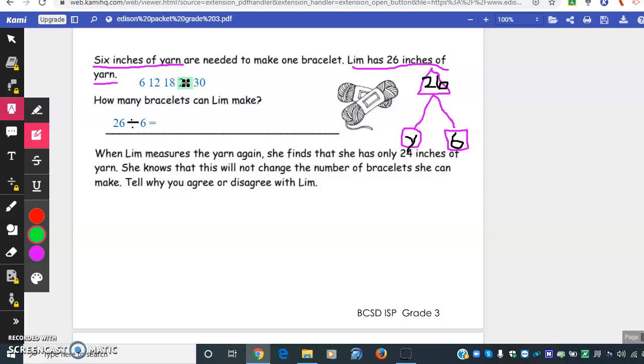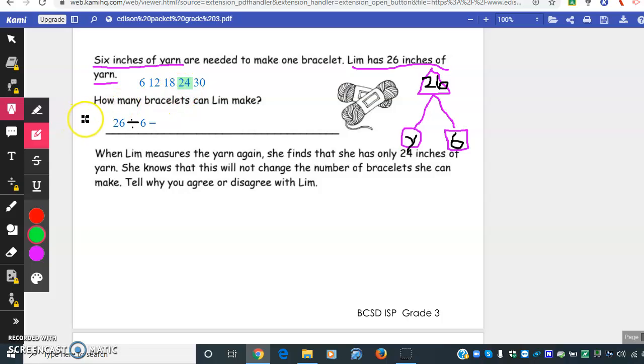Yes, Lim is going to have some leftover yarn, but we can't do anything about that. The amount of yarn left over once Lim is done making these 4 bracelets is not enough to make a 5th bracelet. To make a 5th bracelet, Lim would need 30 inches of yarn. Lim only has 26. So Lim cannot make 5 bracelets, but Lim can make 4 bracelets.